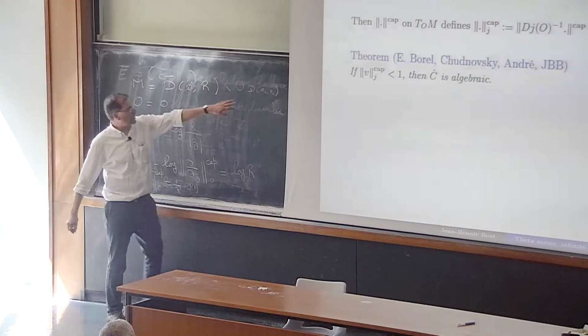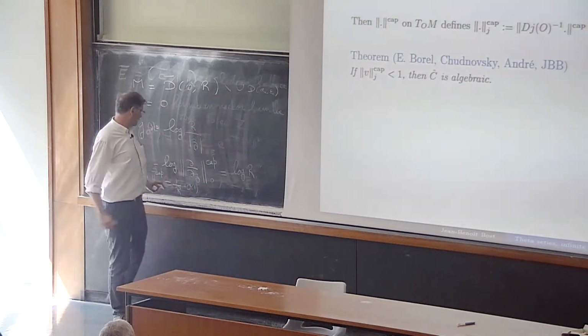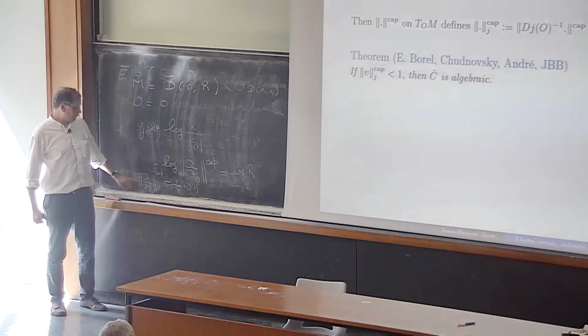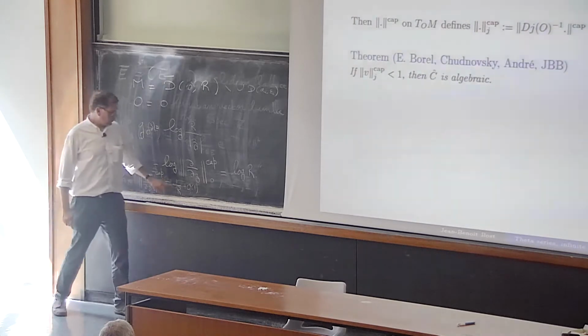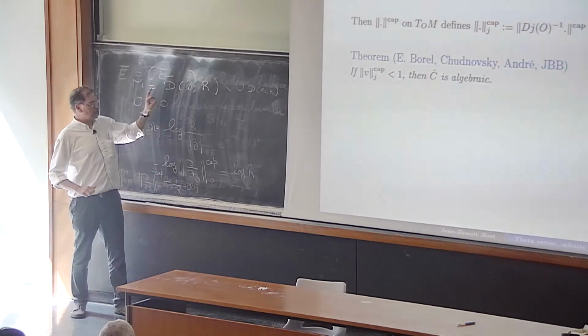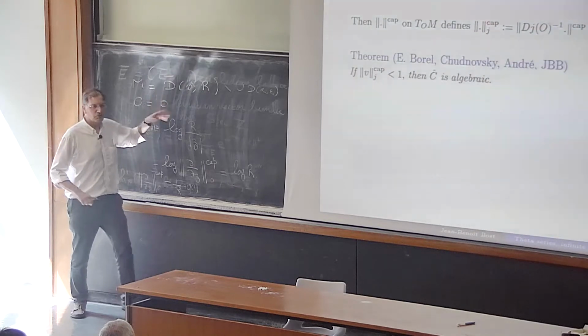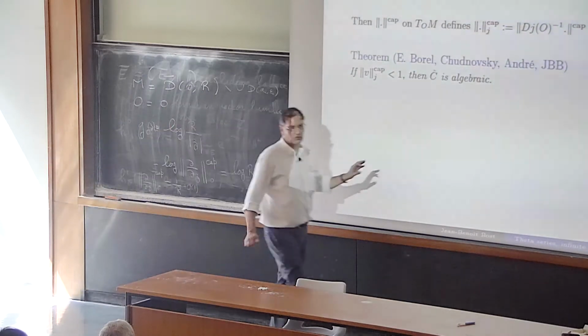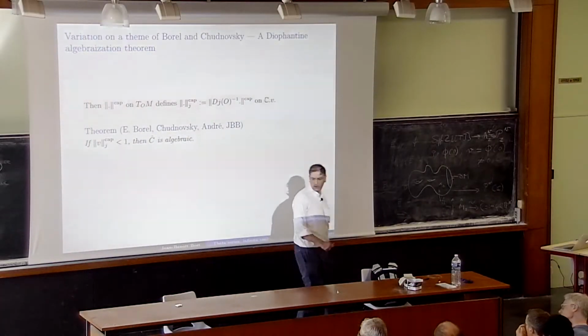When the epsilon i's are small, it's true that this capacitary metric is very close to the one you get in the situation with no hole. It's a very basic result of potential theory, the fact that points are polar.